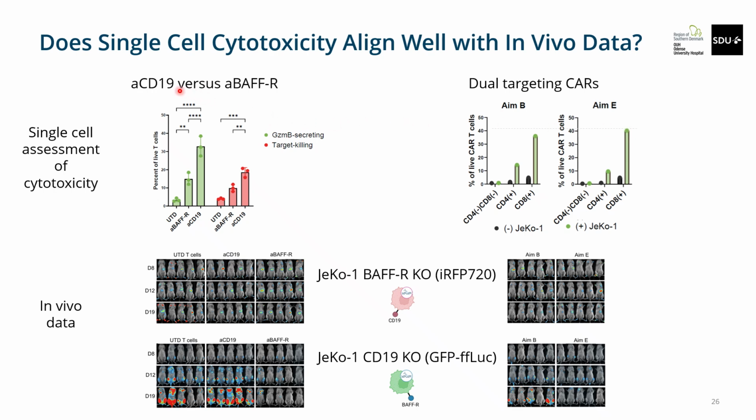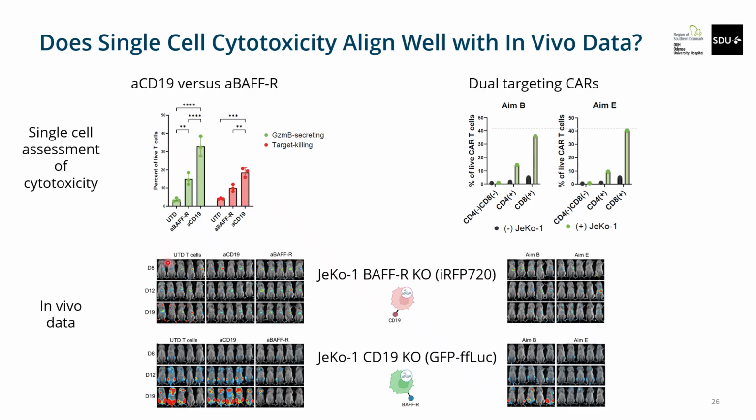On the other hand, if we took a look at the single monospecific CAR constructs, looking at anti-CD19 versus anti-BAFF-R, there was a clear difference. The anti-CD19 CARs were more cytotoxic than the anti-BAFF-R cells, and we could monitor both higher granzyme B secretion and also target cell killing.